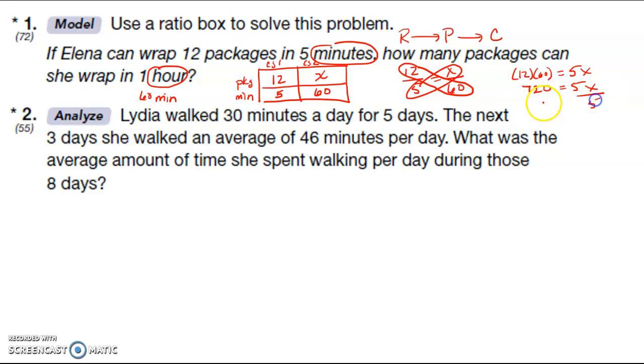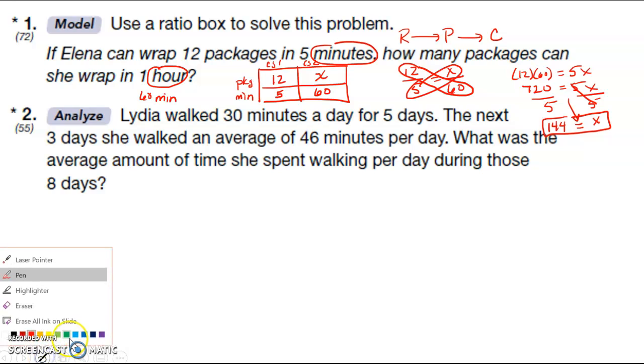Let me divide by 5. That goes away, x comes down, my equals comes down. Let me get my handy dandy calculator. 720 divided by 5 is 144. So that is my answer to number 1 starred problem.